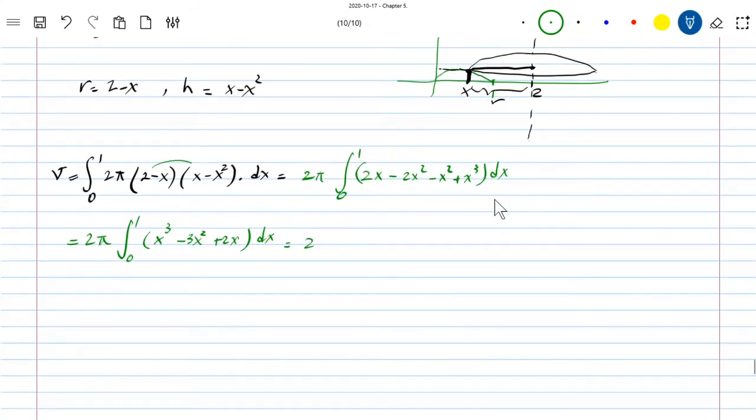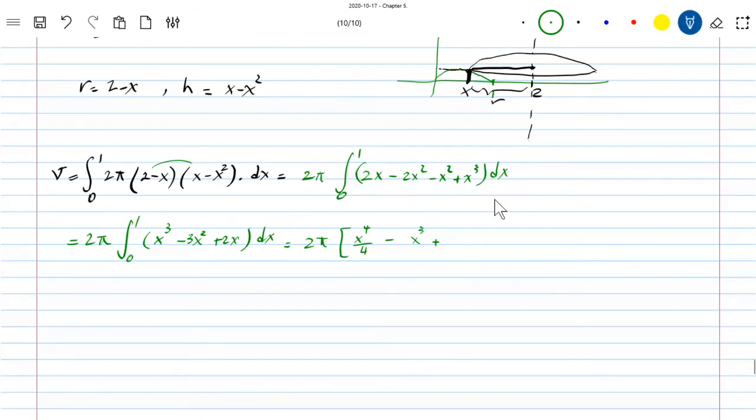Keep the 2 pi. The antiderivative of x cubed is x to the 4 over 4. The antiderivative of 3x squared would be 3x cubed over 3. These two can cancel out, so I'm going to write just x cubed.